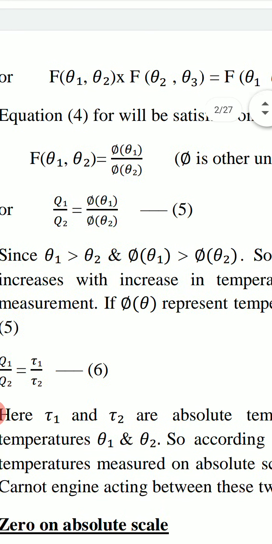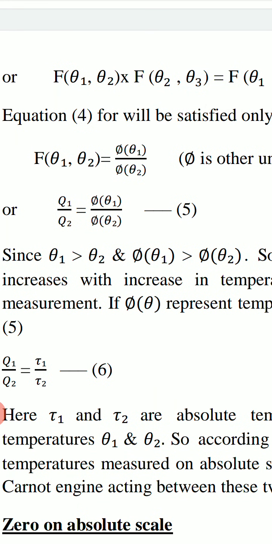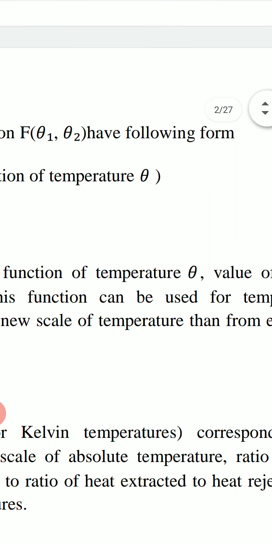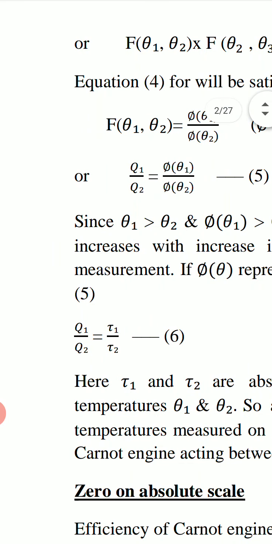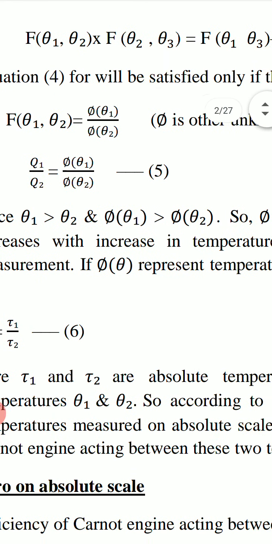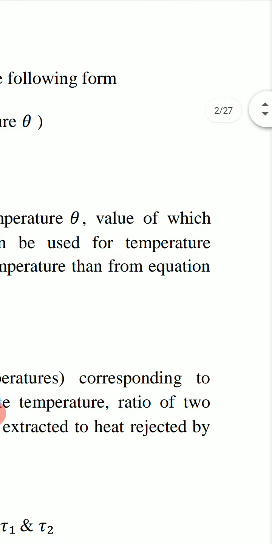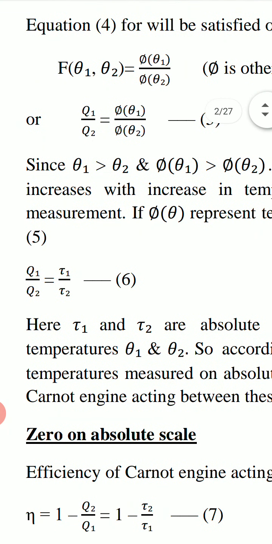So we see that when temperature theta increases, this function phi(θ) also increases. So phi is such function of temperature theta, value of which increases with increase in temperature. So this function can be used for temperature measurement.